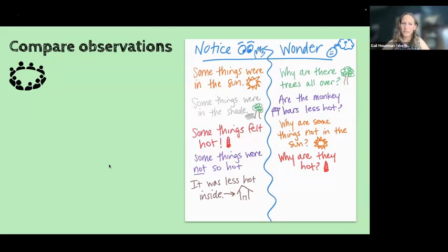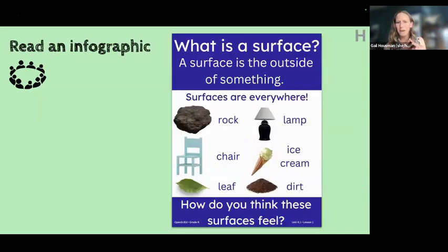And I've got a cool text that we can use to help us understand what a surface is. So Jeanette, if you flick the slide, I've got this text here that's called an infographic. We may or may not have seen infographics in our class before. Sometimes they're around our school building, but an infographic is a type of text that has words and pictures to help us understand what they mean.